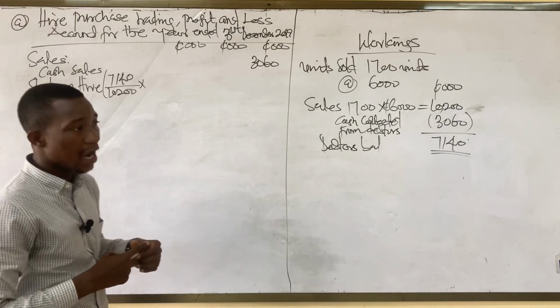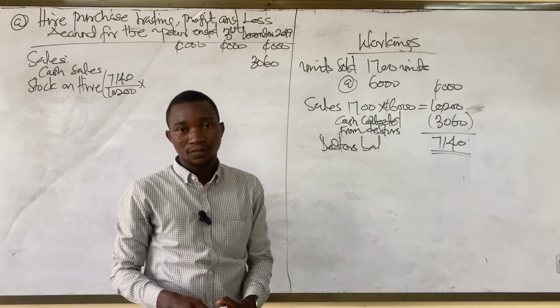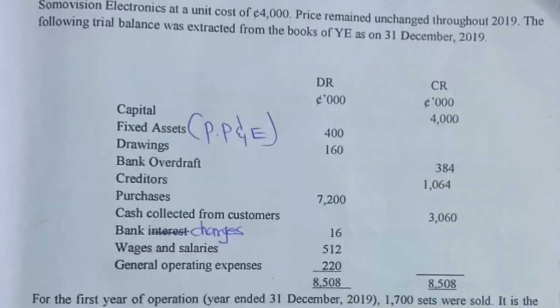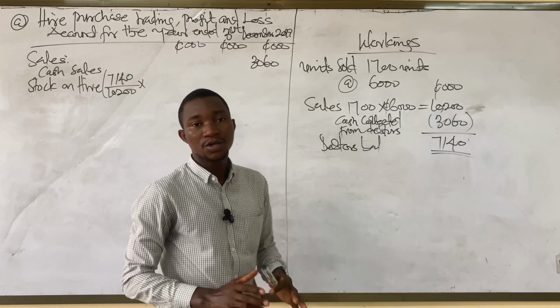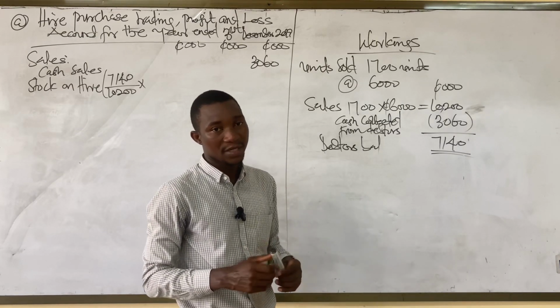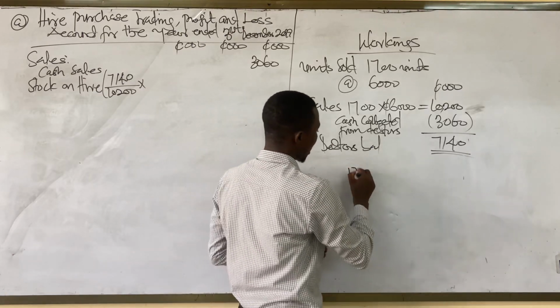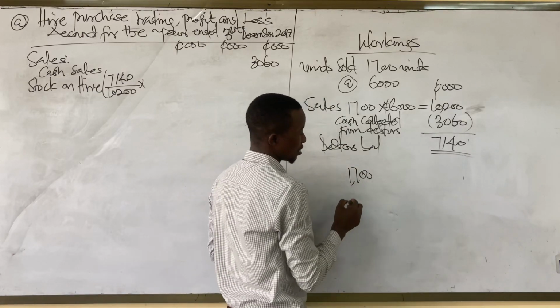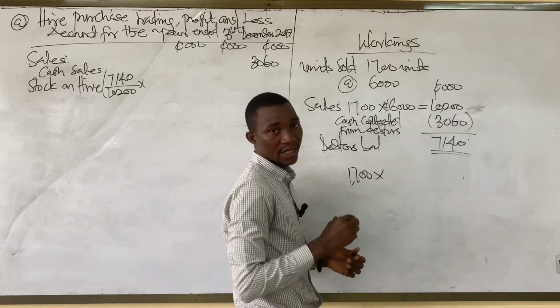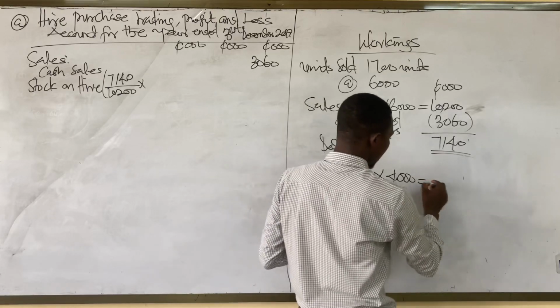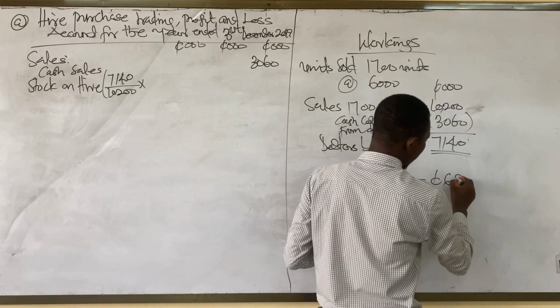Now, the cost of the hire purchase goods is not given directly from the question, but we can determine it from this question. So to determine the cost of the hire purchase goods, we have the units sold of 1,700 units. Then we multiply by the per unit cost, that is 4,000, and this will give us 6,800,000.